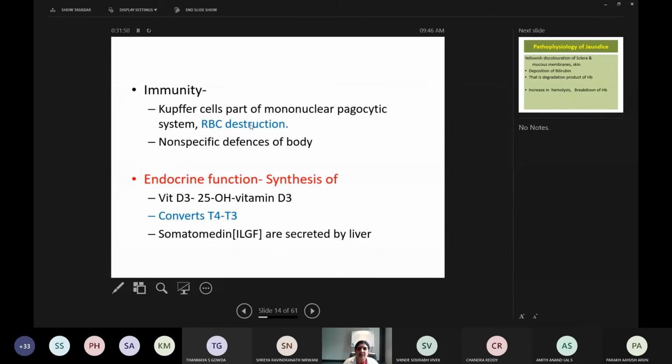This is the main site of RBC destruction, with broken down products into globin and heme, and globin will enter into recirculation. These Kupffer cells also play an important role, as I told you, as a non-specific defense of the body, because the liver is exposed to so much high blood circulation. So many viruses and bacteria are supposed to enter the liver, and that has to be dealt with by these Kupffer cells.